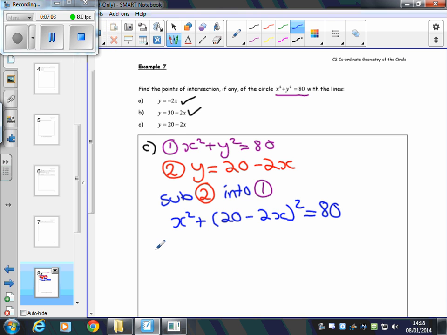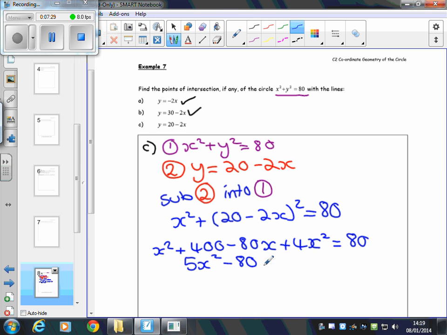Expanding out this bracket will give me x squared plus 400 minus 80x plus 4x squared equals 80. Gathering together my x squared terms and moving my 80 over to this side will give me 5x squared minus 80x plus 320 equals 0.